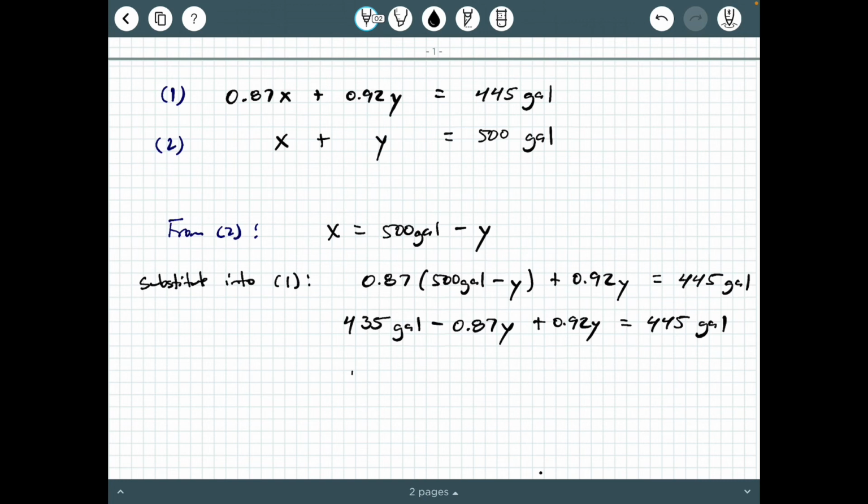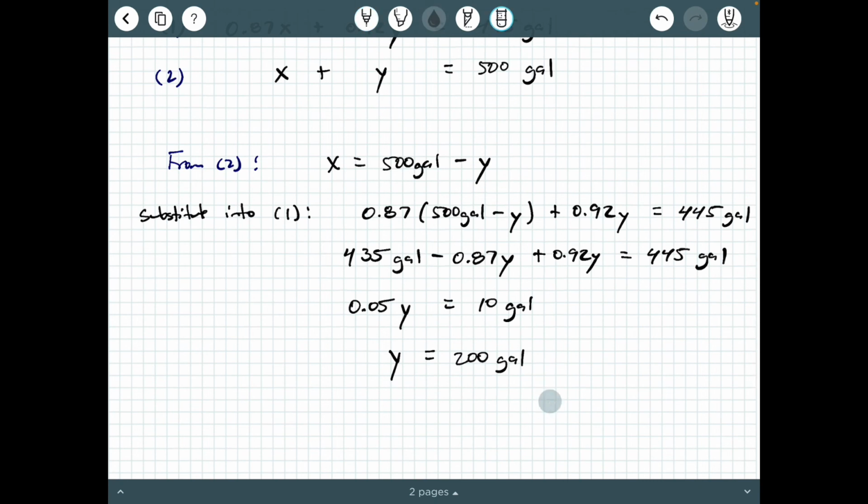And so we'll get 0.05y equals, what's 445 minus 435? Well, that's just 10 gallons. And so what does y end up being? 10 divided by 0.05 is 200 gallons. And that's one of our answers.